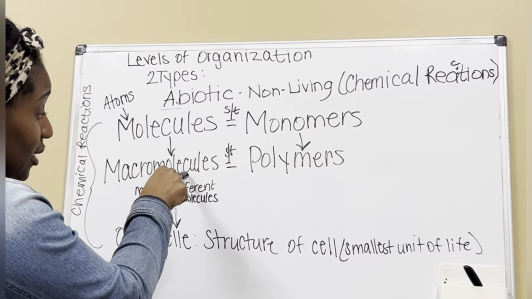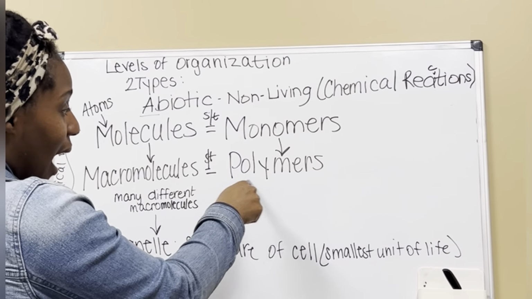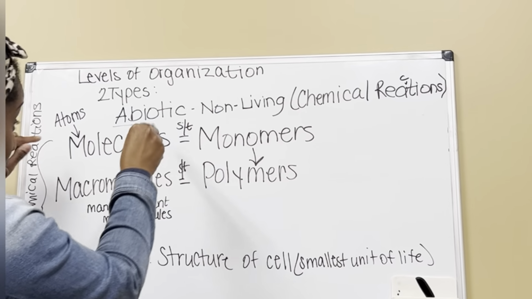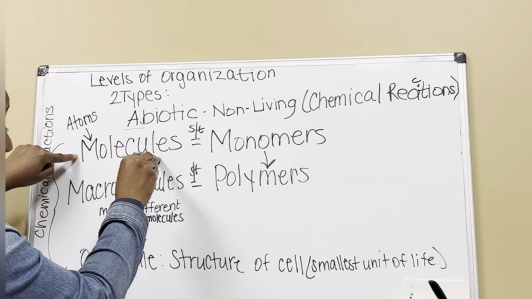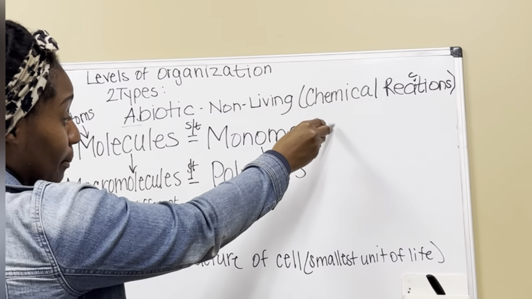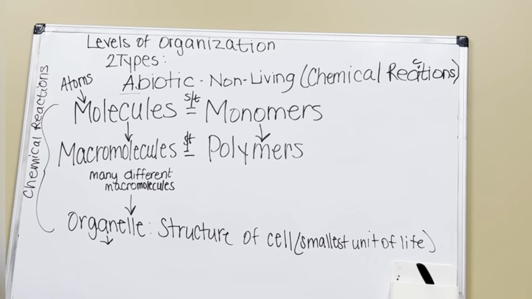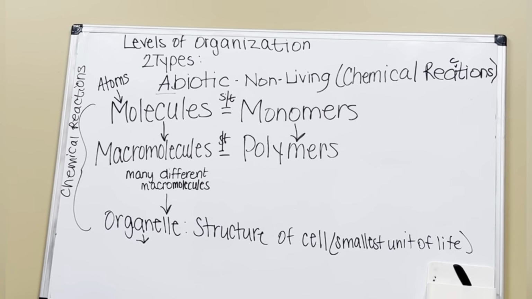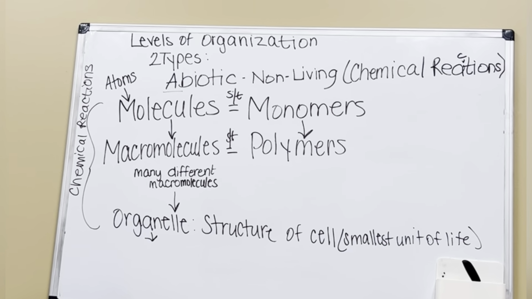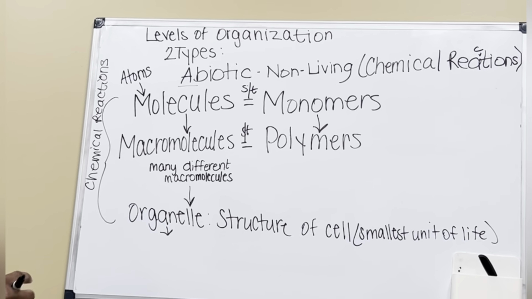Macromolecules can sometimes be considered a polymer, just like molecules can become macromolecules, when there are multiple monomers they can become polymers. For example, multiple amino acids form polymers, which would be proteins.